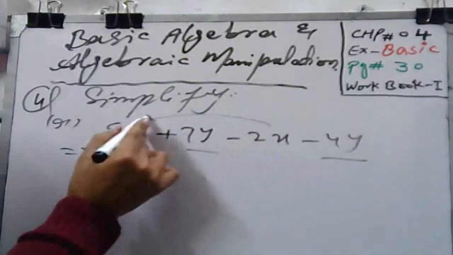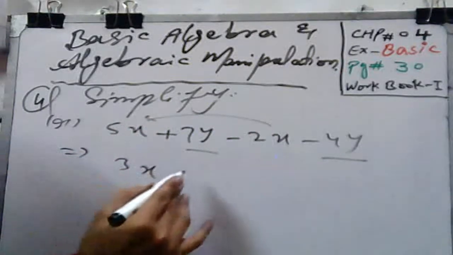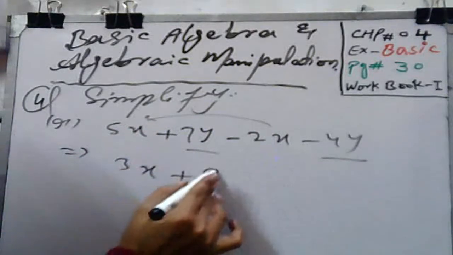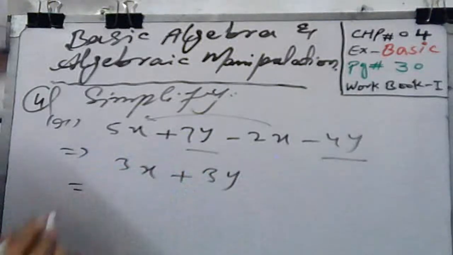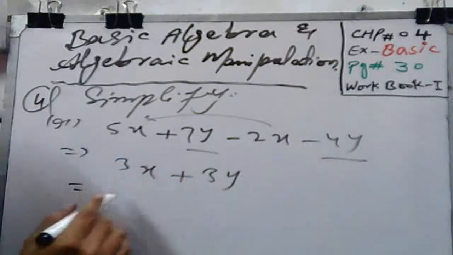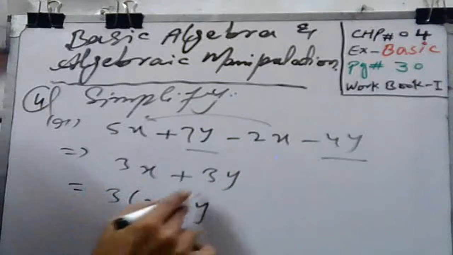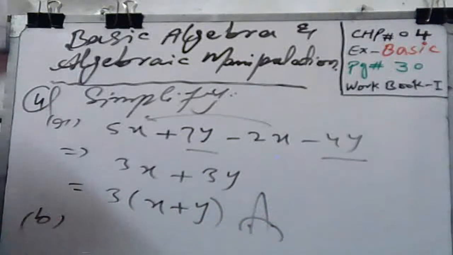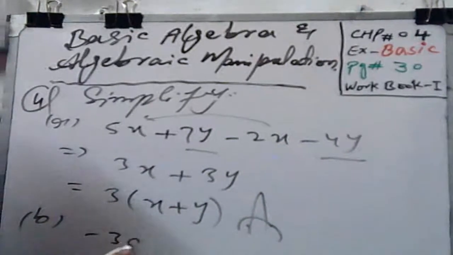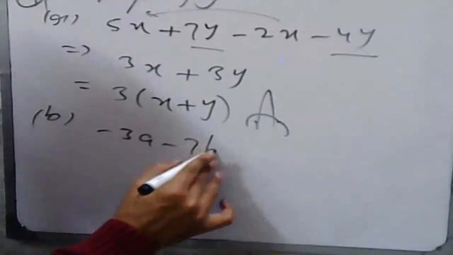So only homogeneous terms should be added, that is y and y, and x and x, that is 5x minus 2x, you will get 3x and 7 minus 4, 3y. So you can take 3 common and write x plus y.